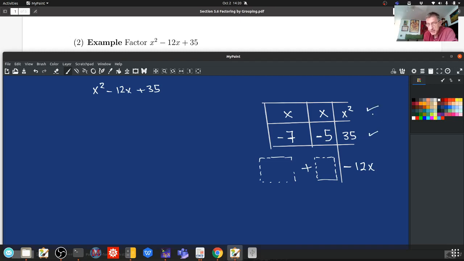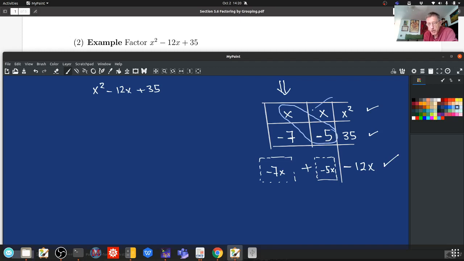And x times x is x squared. So now let's do the multiplication downward. That's minus 7x and minus 5x. So minus 7x plus minus 5x is equal to minus 12x. And I have my factorization.